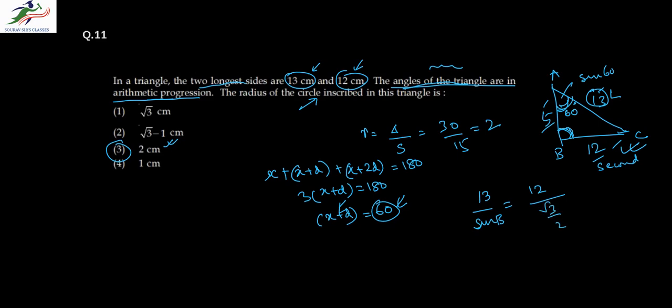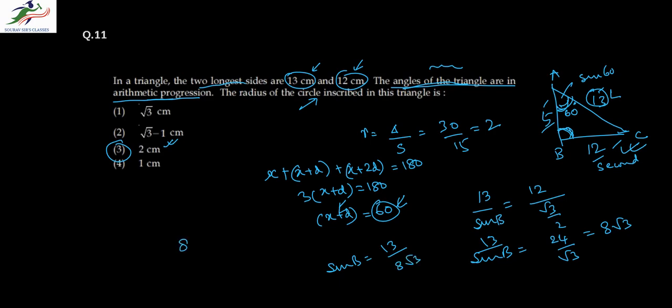So 12 by sine 60 is 24 by root 3, which is equal to 8 root 3, and therefore sine B is equal to 13 by 8 root 3.